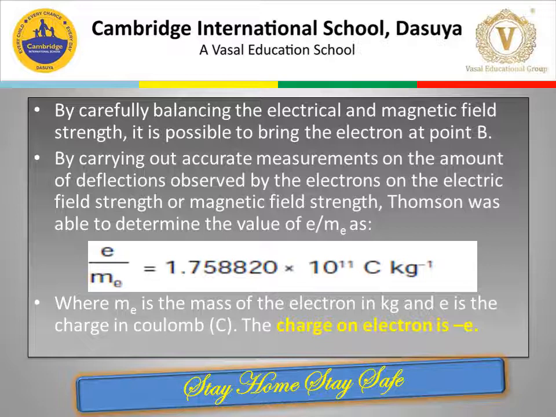Since electrons are negatively charged, the charge on electron is minus e. This is how the charge upon mass ratio was calculated.